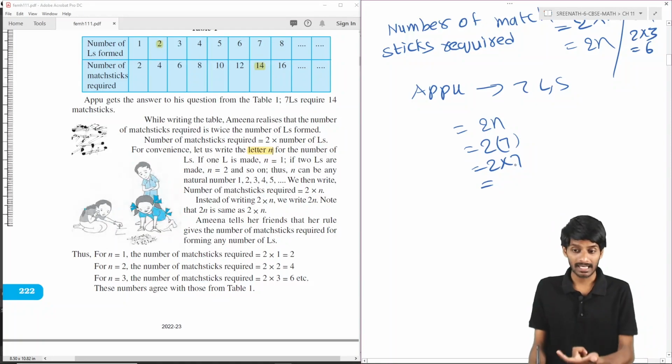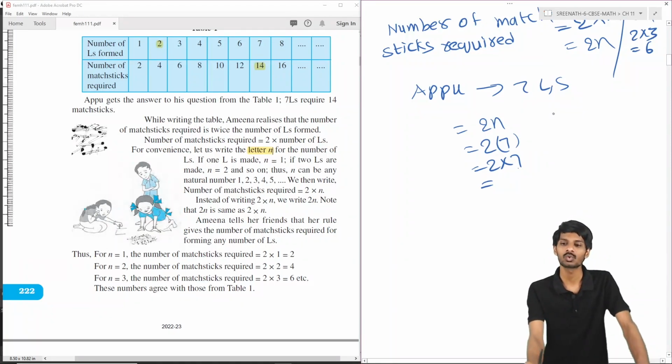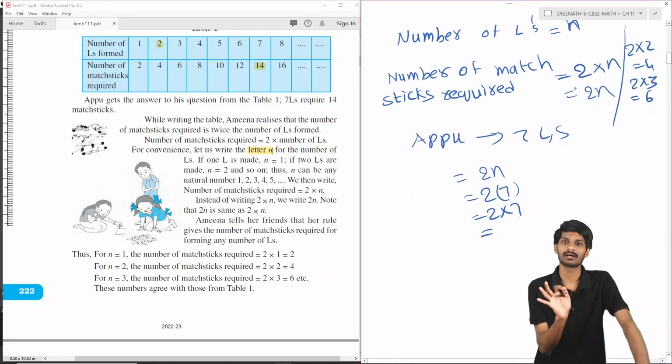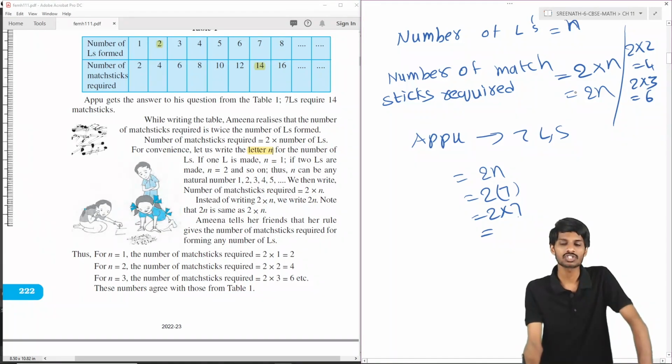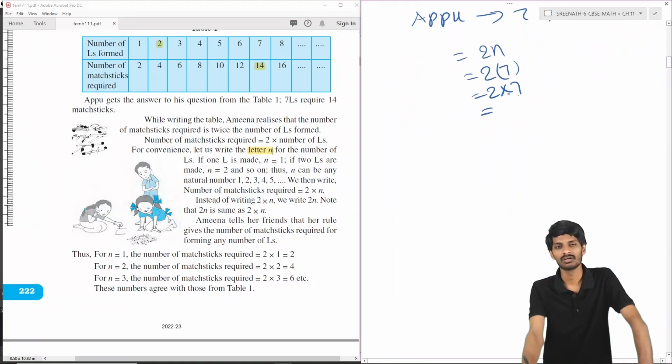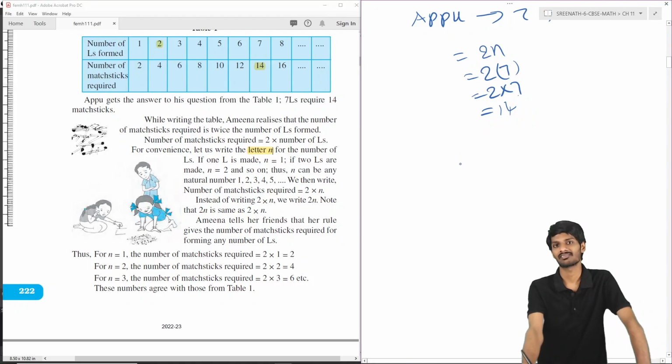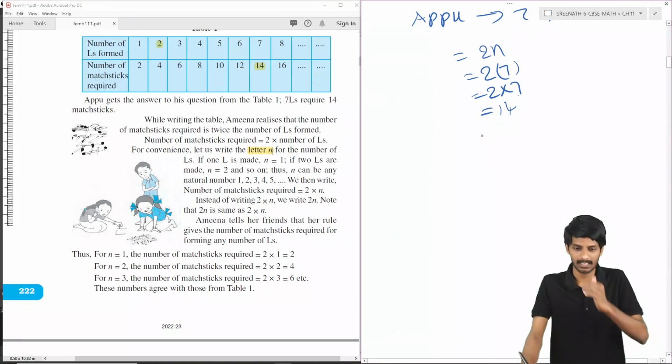So here we can multiply 7 and 2, but there we can't multiply it. It just represents the operation between the numbers. So whenever you replace this letter with a number, then you can perform the operation. So 2 7s are 14. So 14 mastics are required. Like that, students.